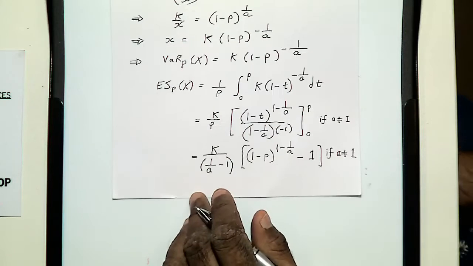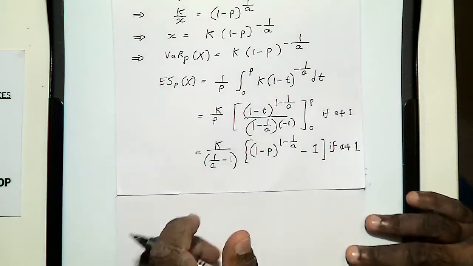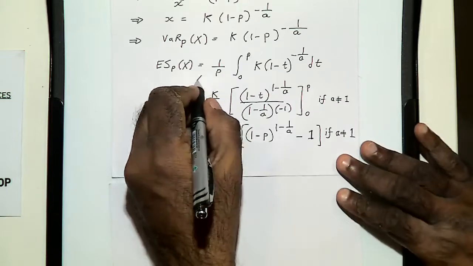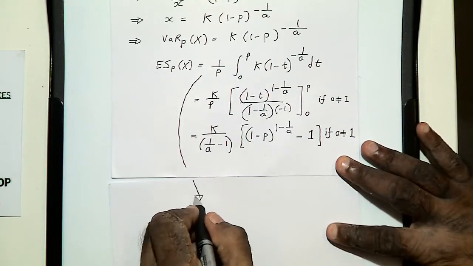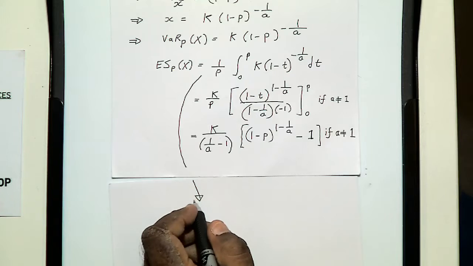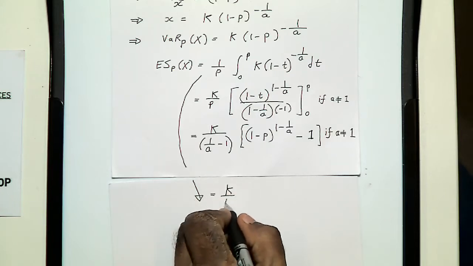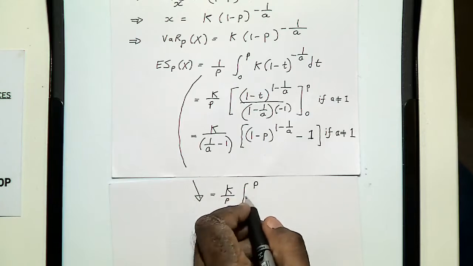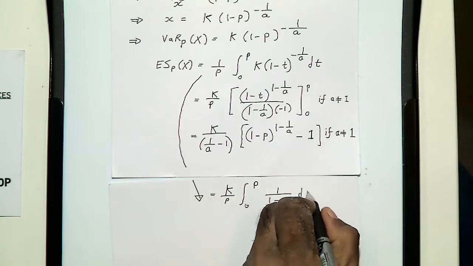Okay. Now, if a is equal to 1, let's consider the case. If a is equal to 1, then this guy here will become 1 over 1 minus t dt, right?